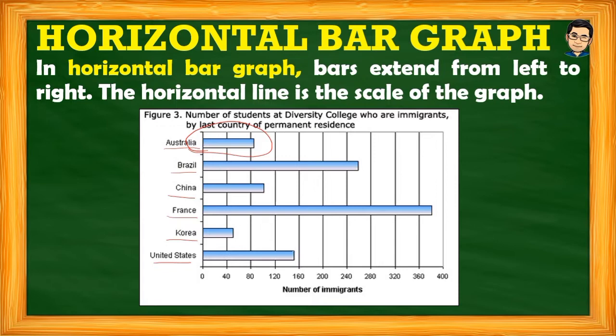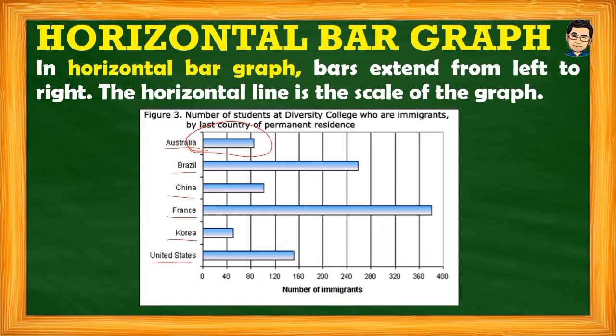Kung mapapansin nyo, meron tayo ditong title. Kailangan magkaroon ng title yung ating bar graph. Yung title natin ay number of students at Diversity College who are immigrants by last country of residence. Yung title na yan nakadepende dun sa data na ating pinepresent.